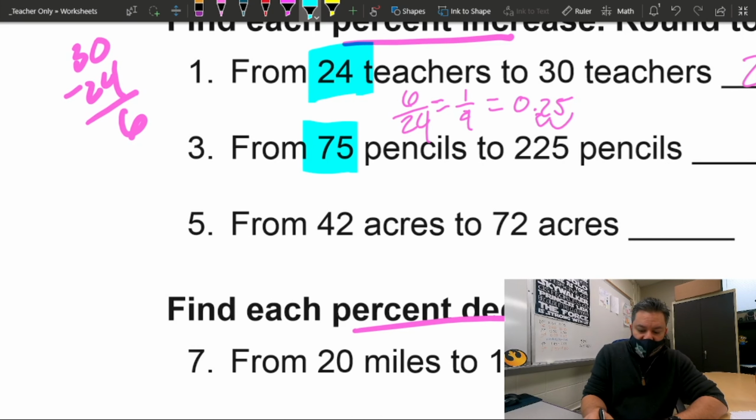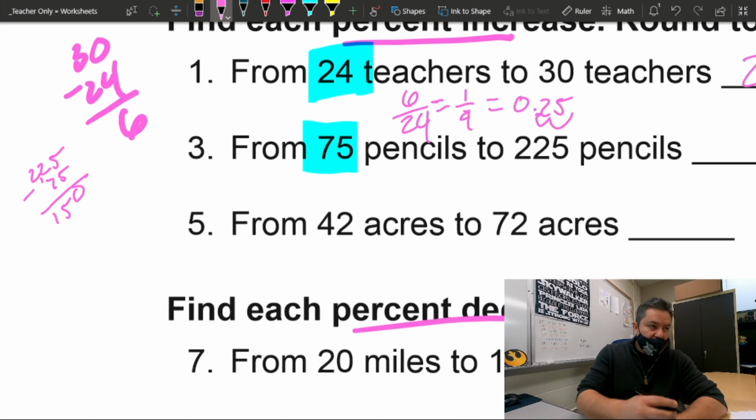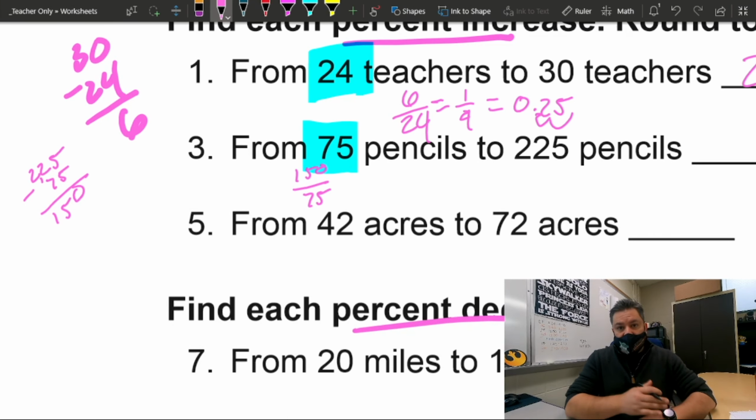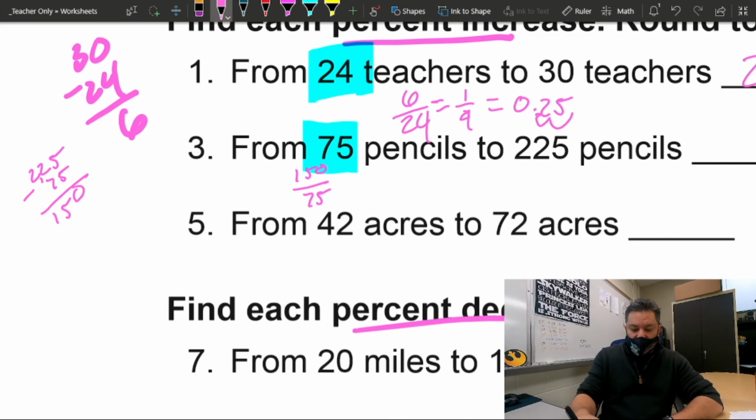Number 3, which one is my original on number 3? The from, 75. Very good. So you're going to subtract 225 minus 75. What do you get? 150. Very good. So now you're going to divide 150 by 75. Again, at this point, you can do long division, but I know when I divide this, I'm going to get 2.